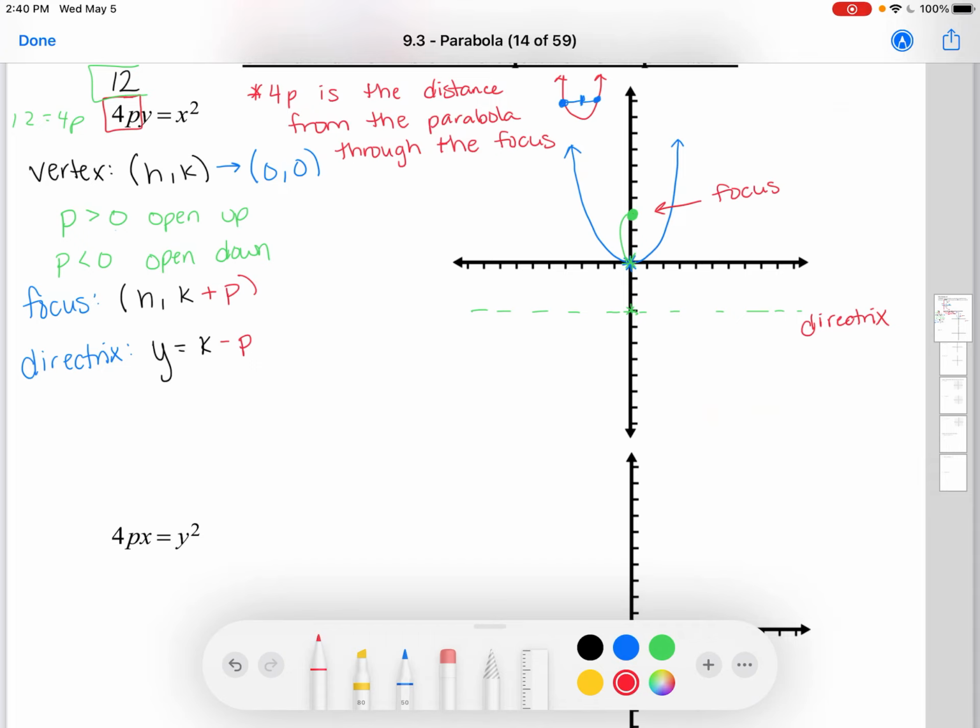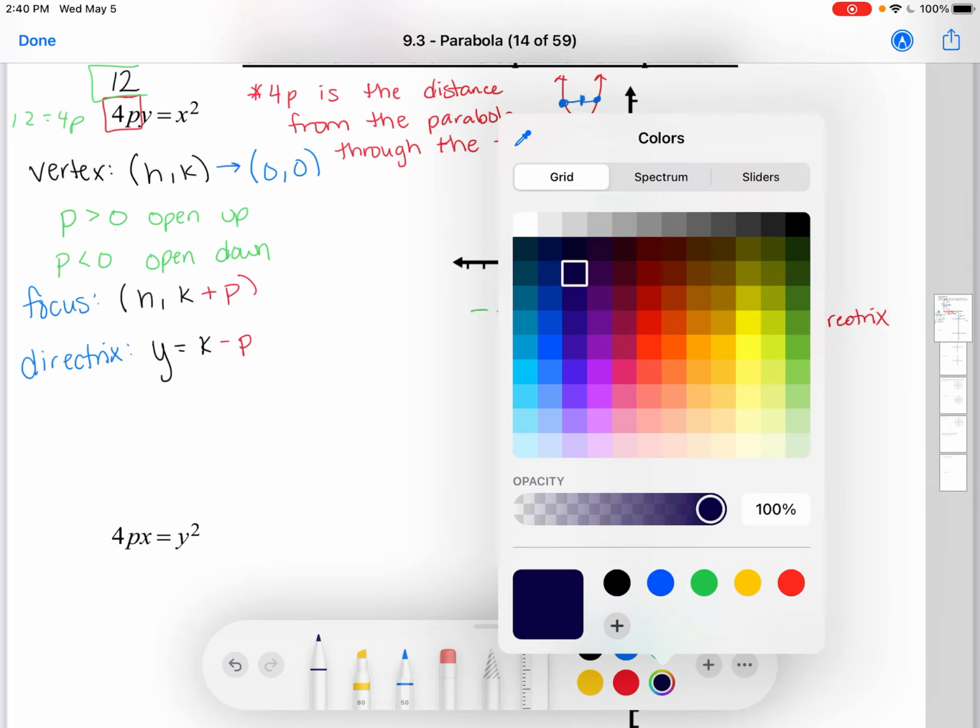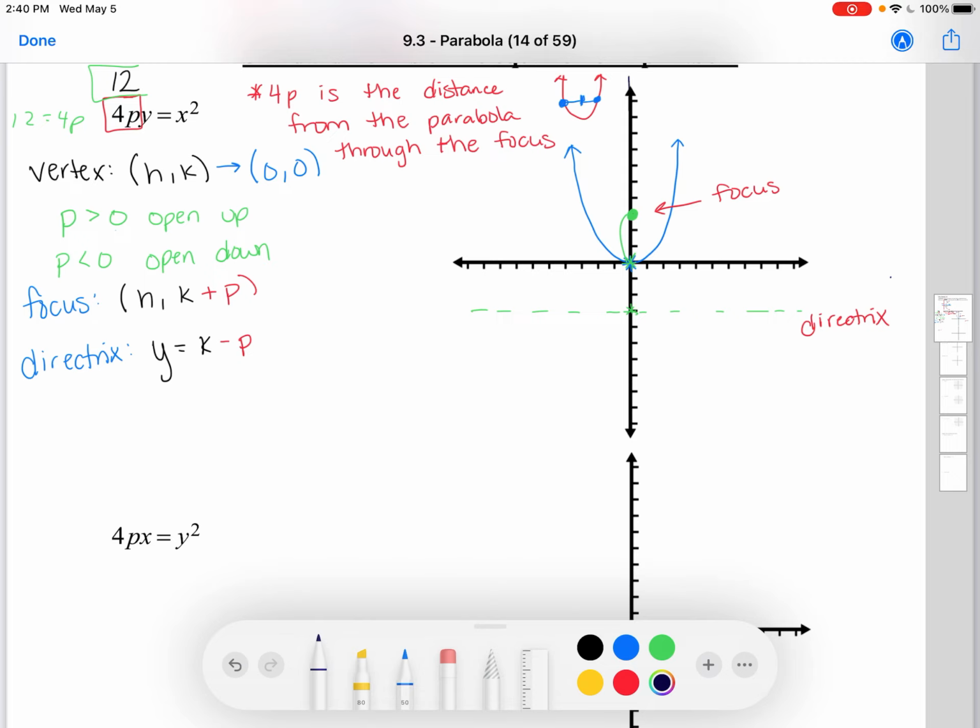And last but not least, the last thing I need for a parabola is the axis of symmetry. So you can't really see it here. I guess I'll use a highlighter. The axis of symmetry is going to be the straight line that completely splits that graph in half. So that's the last bit of information we will need.